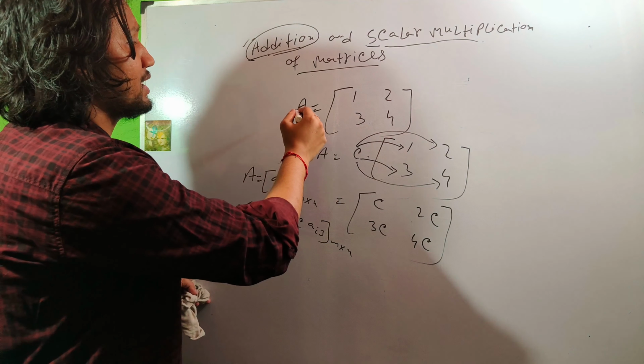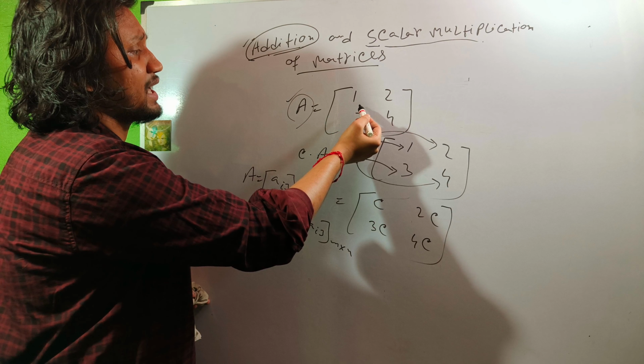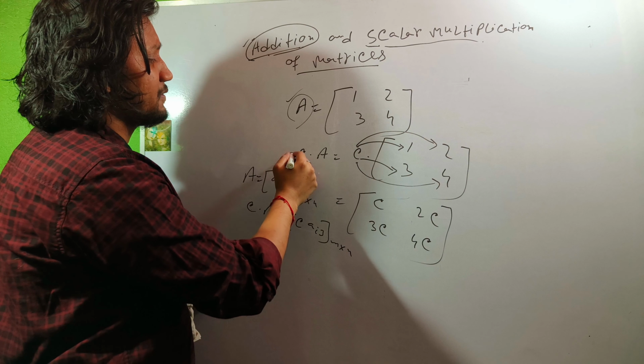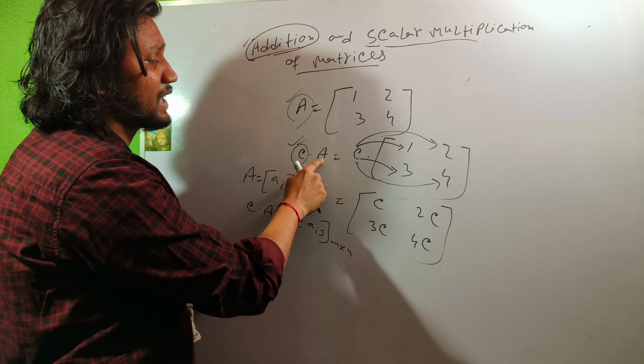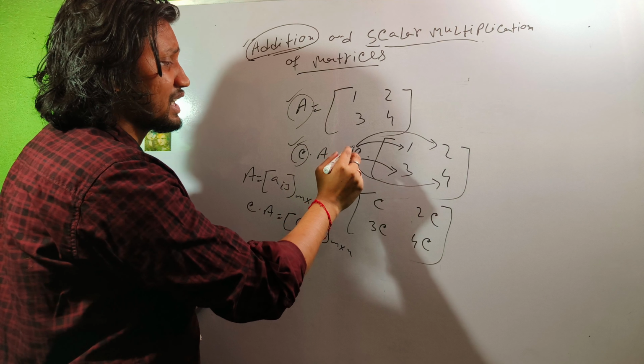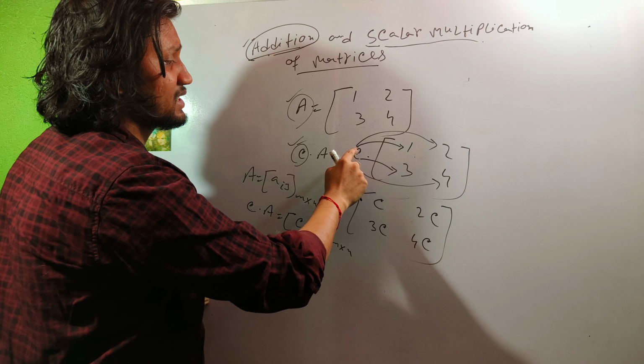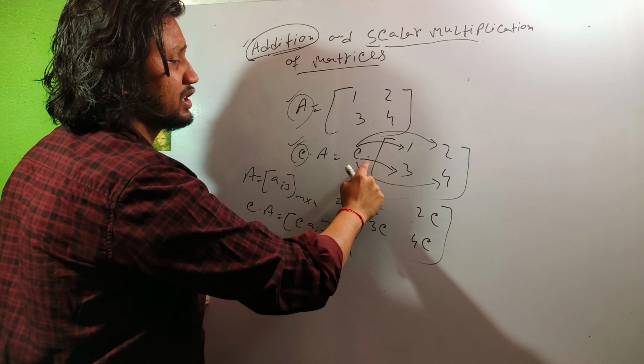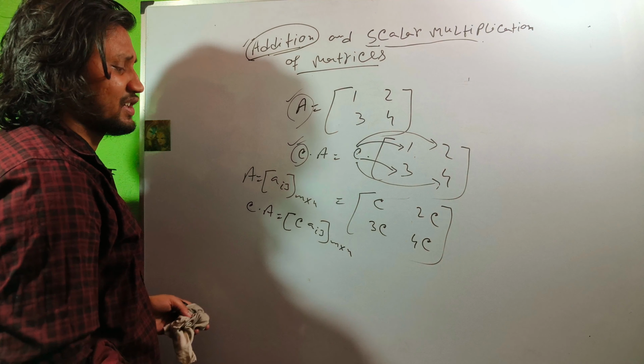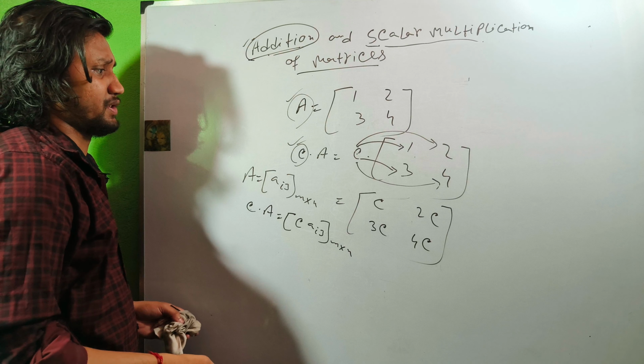That is, if we are given a matrix A of elements 1, 2, 3, 4 and given a scalar C multiplied with A, then we just need to multiply C with all the elements of A, that is C into 1, C into 3, C into 2, C into 4. It is known as scalar multiplication of matrices.